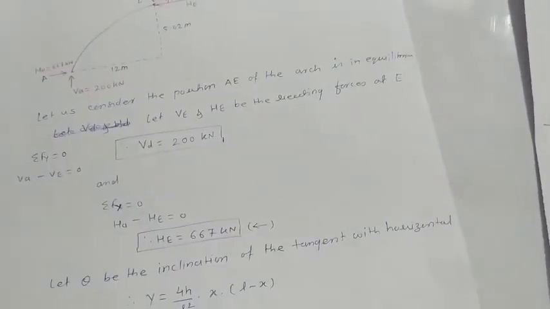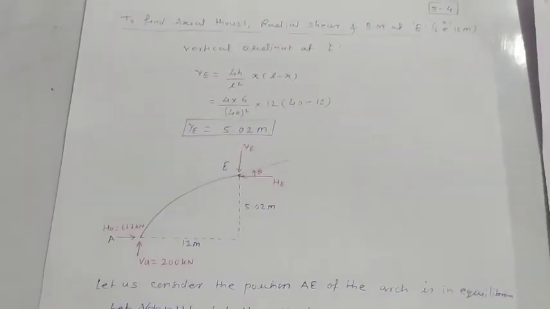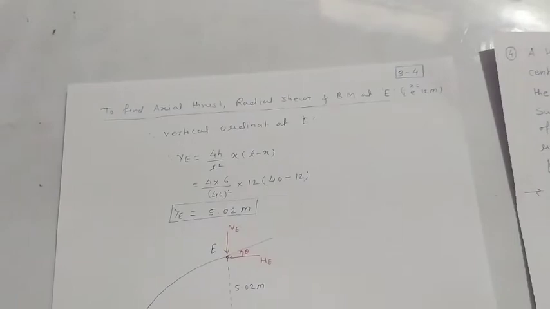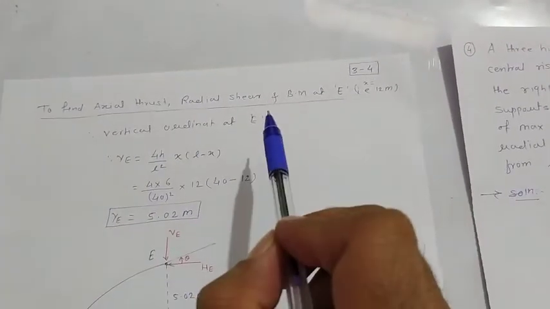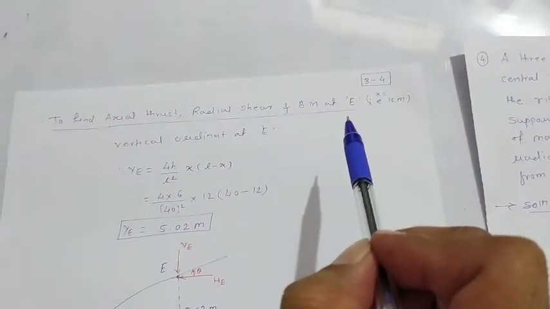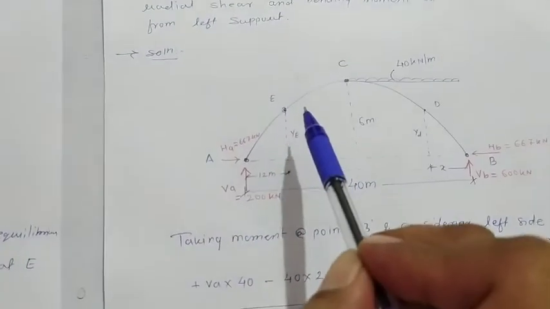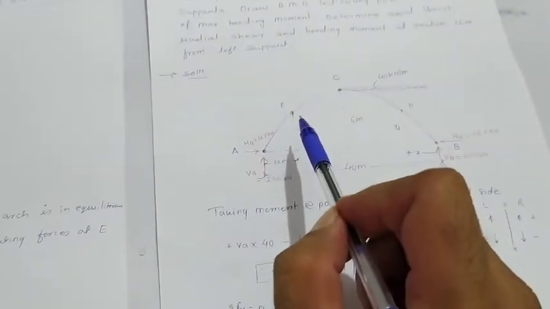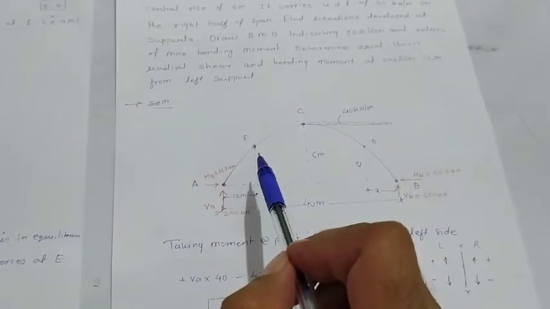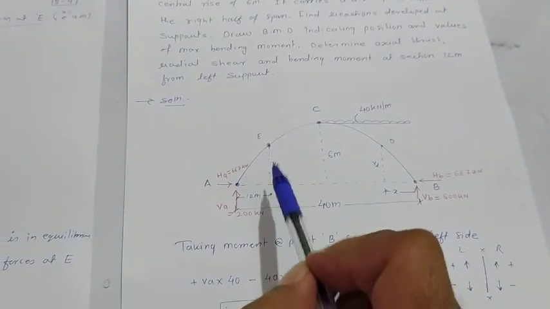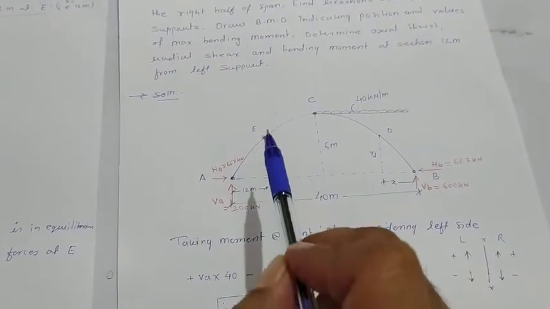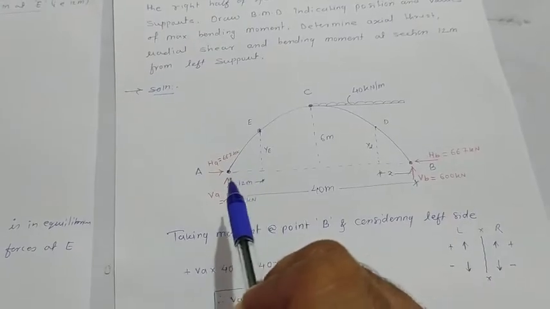Okay. Now next, to find the axial thrust, radial shear and bending moment at point E, that is 12 meter away from the left end.